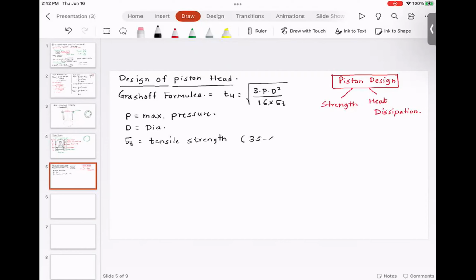So which is 35 to 40 Newton per millimeter square for cast iron, 50 to 90 Newton per millimeter square for aluminum, 60 to 90 Newton per millimeter square for steel.